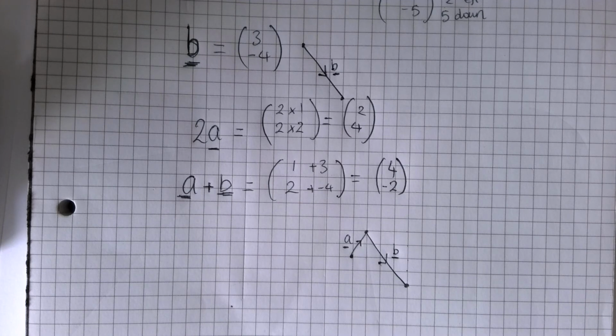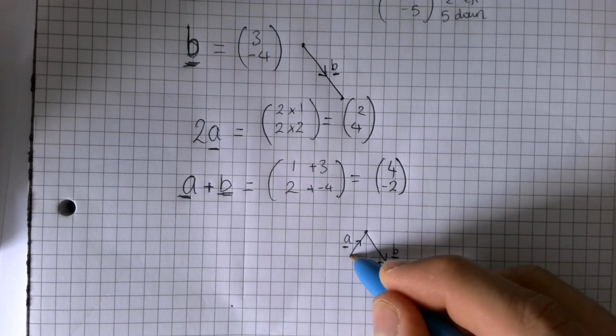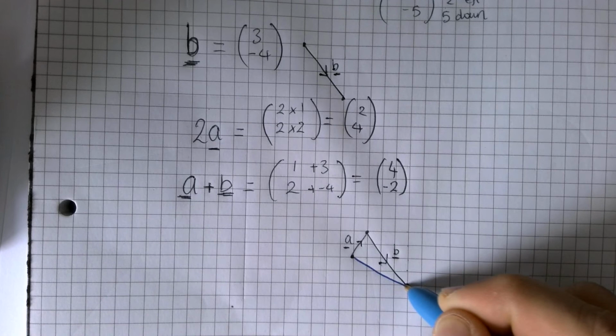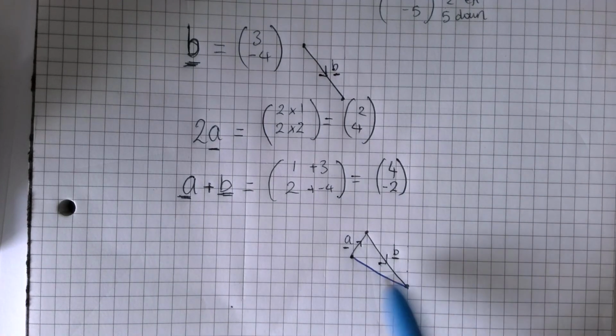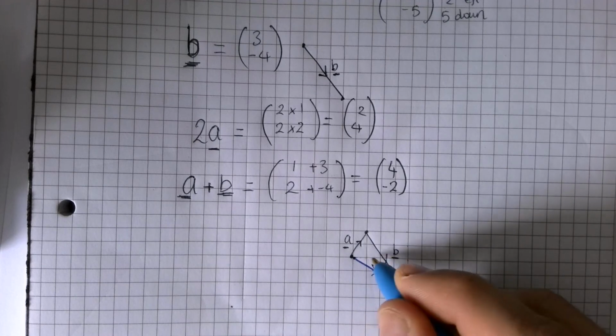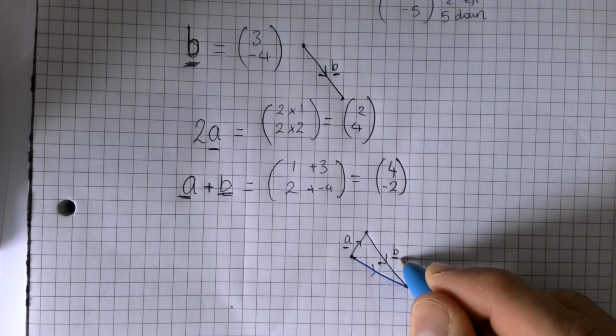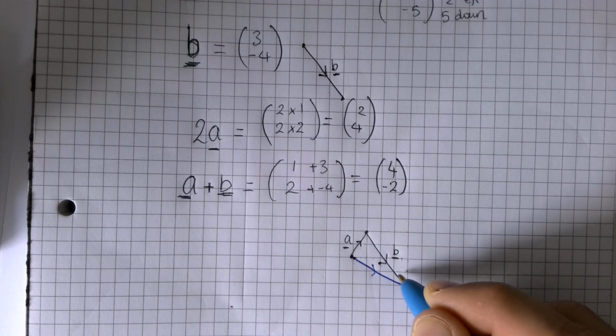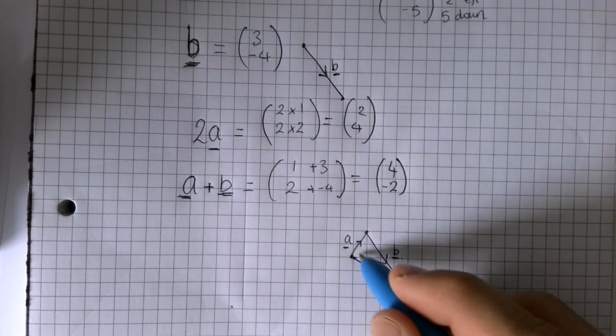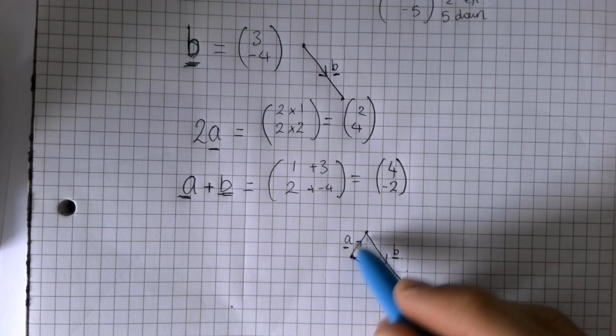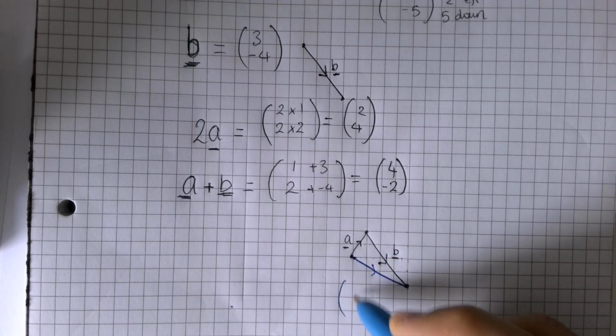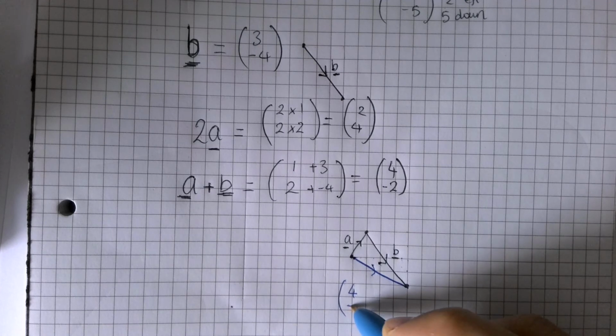If I join those up, what have I actually done? Well, I've moved 1, 2, 3, 4 to the right, and I've moved 1, 2 down. So that movement vector, the combination of A and B, is 4 minus 2.